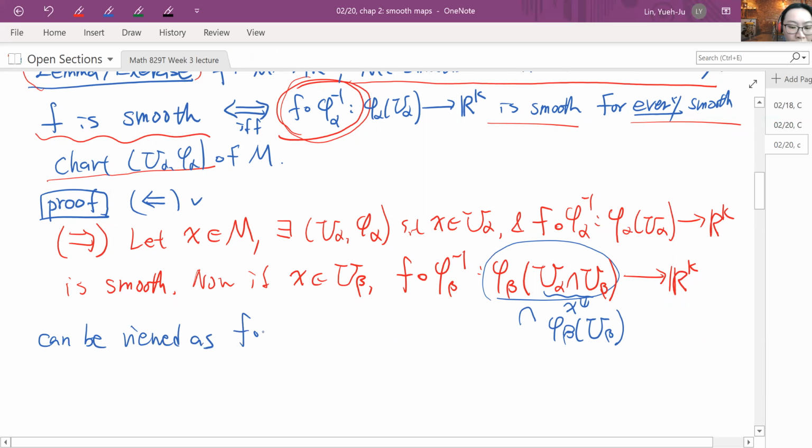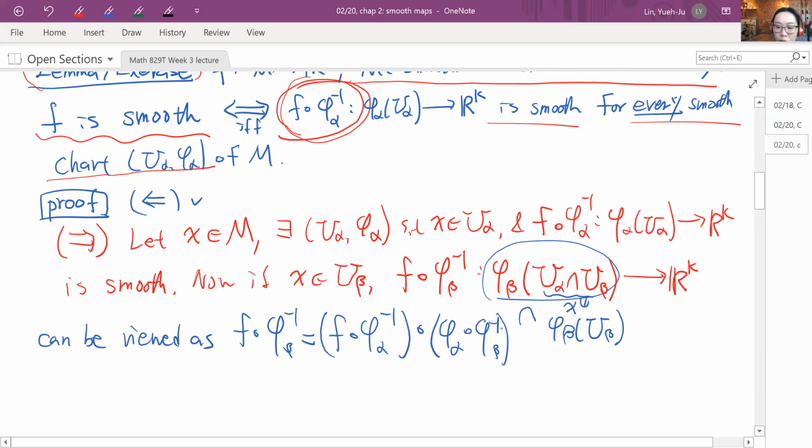I can rewrite this in terms of the composition of two smooth maps. F composed phi beta inverse is the same as F composed the chart that's already smooth, composed with my transition map, and it's also smooth.